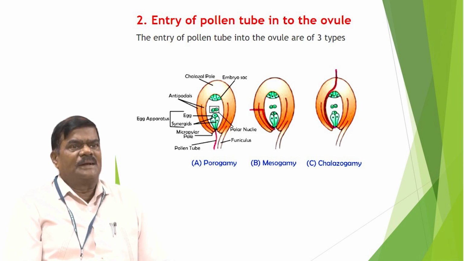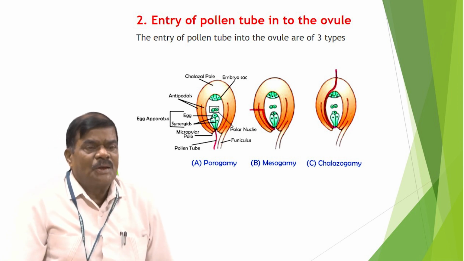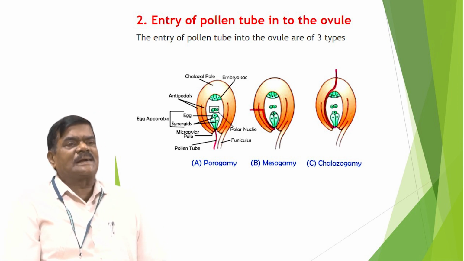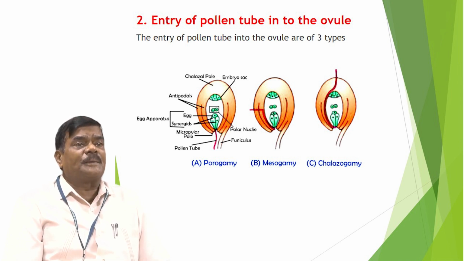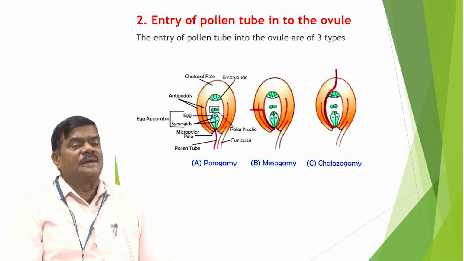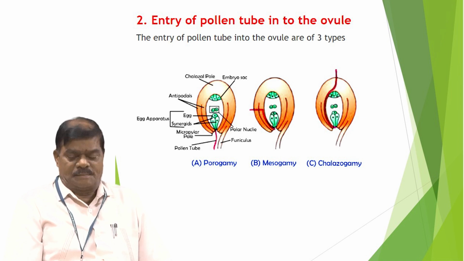The second one, mesogamy: if the pollen tube pierces through the integuments and touches the embryo sac, we call it mesogamy. The third type, chalazogamy, is the entry of the pollen tube through the chalaza. Whatever may be the entry of the pollen tube into the ovule, ultimately the tip of the pollen tube goes up to the micropyle.